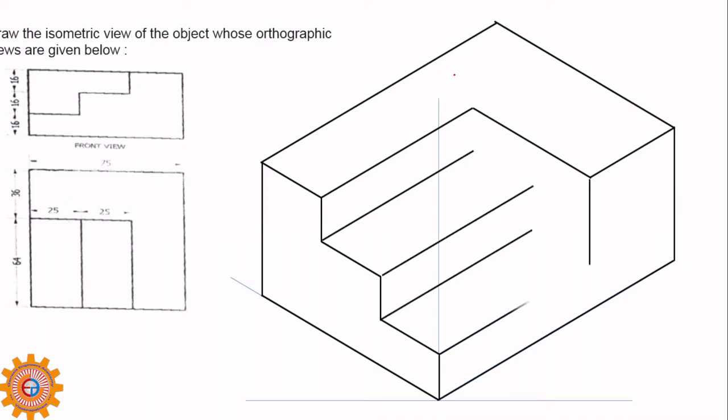So these lines are parallel, because you understand, this line is parallel to this, this line is parallel to this, and this line is parallel to this. Four lines are parallel. See, if you clearly observe, these are not visible from the top view.